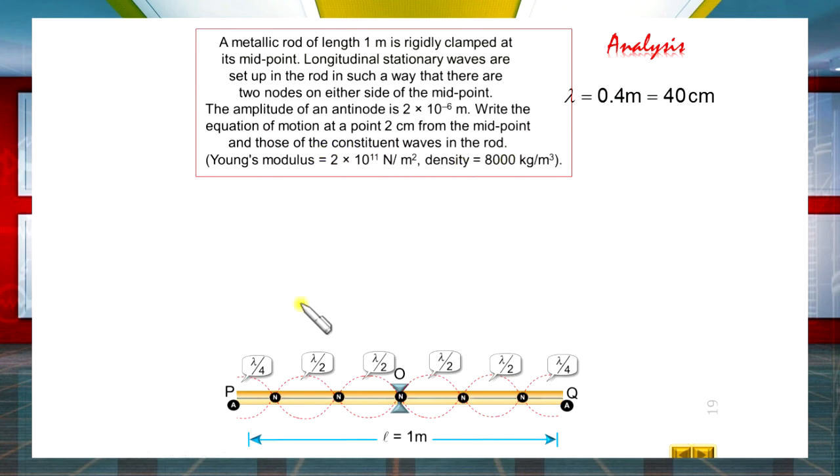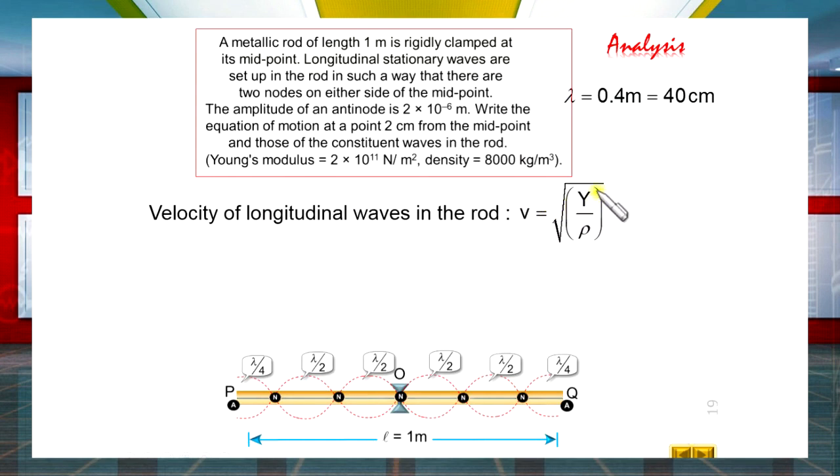Now let us calculate the velocity of the wave in the rod. Here, velocity of the wave can be written by the formula under root Y divided by rho. So velocity of the longitudinal wave should be v equal to under root Y divided by rho. And this Y is 2 into 10 to the power 11, and this rho is equal to 8000.